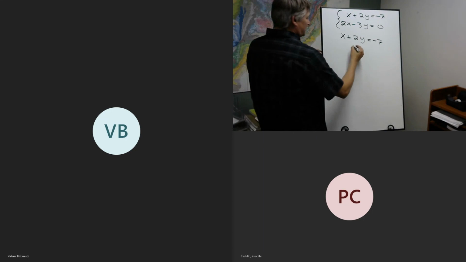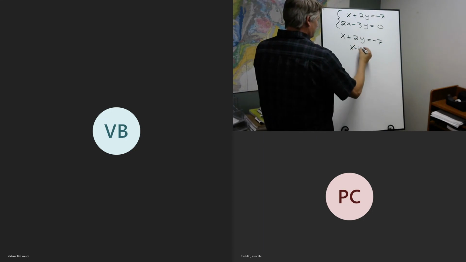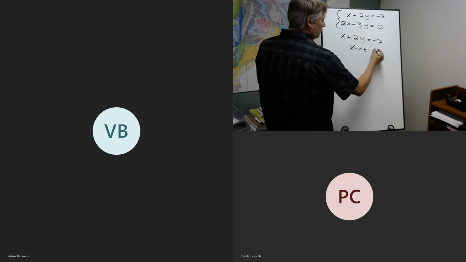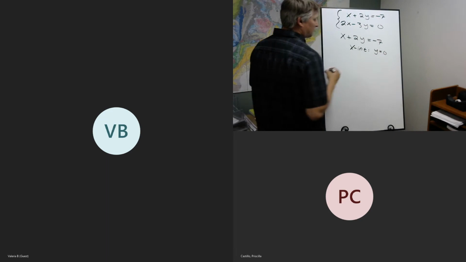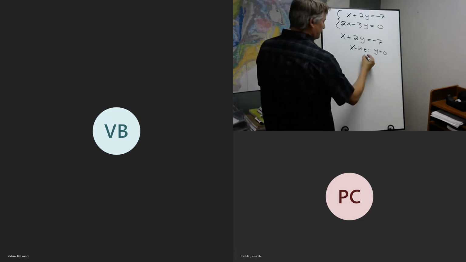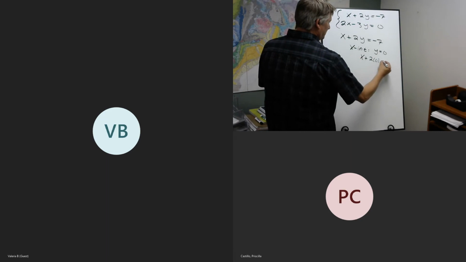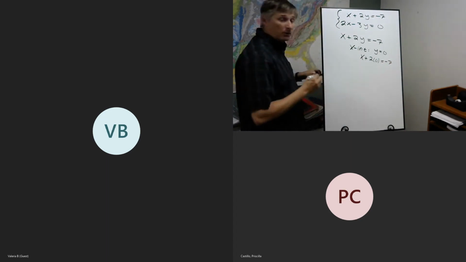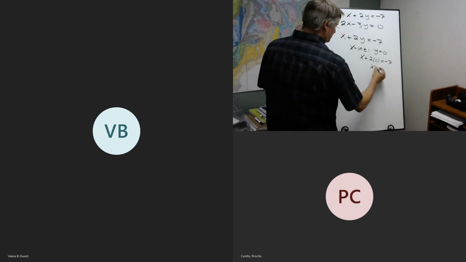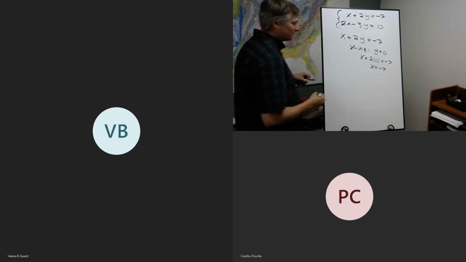So for the x-intercept, we let y equal 0. And so we'll get x plus 2 times 0 equals -7, or x is -7.